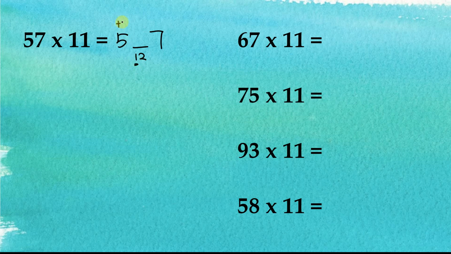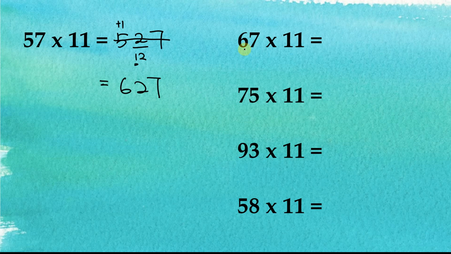So we need to add 1 here and leave the 2 here. Then the answer will be 627, not 527. So we need to do some adjustment. If the sum is more than 9, then we need to bring forward the 100 to the hundreds place.